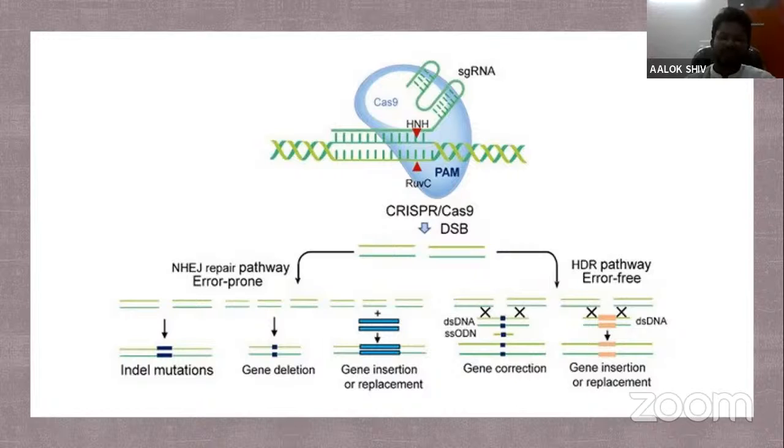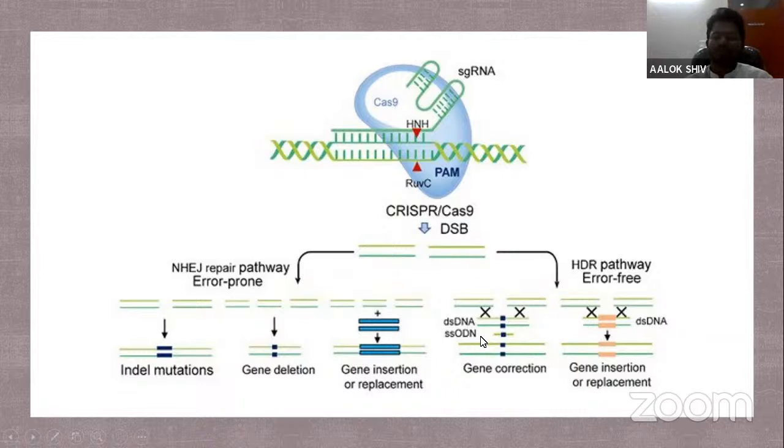Okay, the next is homology dependent recombination. You can see here there are two different double stranded DNA, and if we want to add a particular gene of interest here, then based on the homology of these areas, based on homologous recombination, this gene will be integrated into the gene of interest. So this is gene replacement.